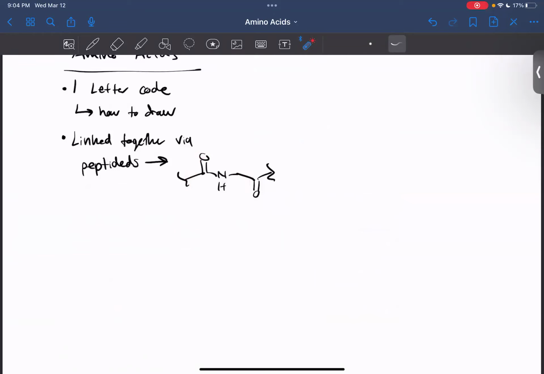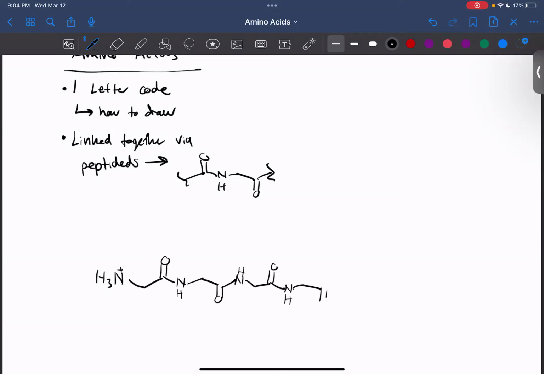So the pattern to link them together is the N terminus is still going to be the ammonium, and then you just have this repeating chain of up and down amino acids. Okay, and I'm doing this pretty quick because I've had some practice.